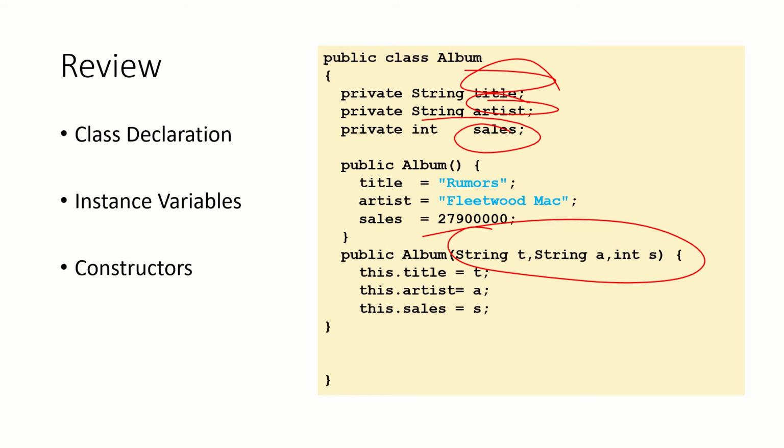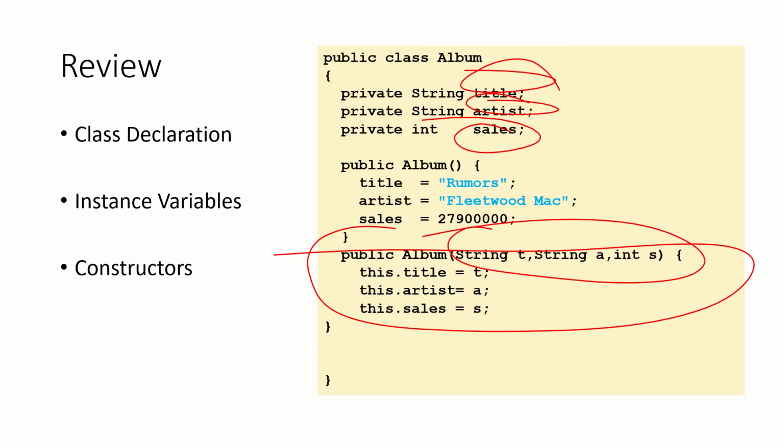We want the user to have the ability to initialize every member using the constructor. So this constructor allows you to set title, artist, sales.